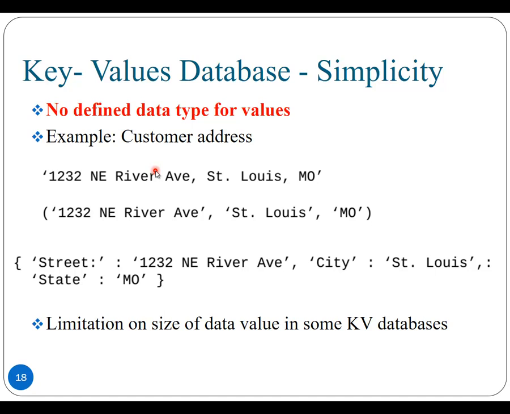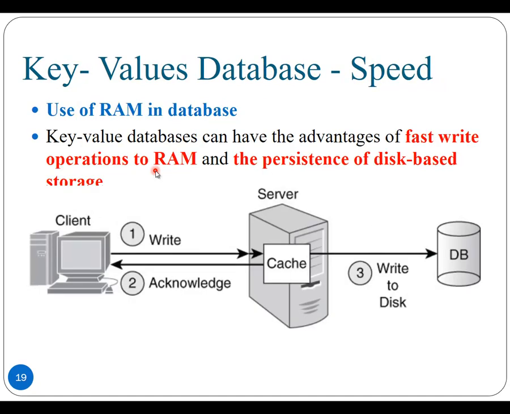For example, in some key value database, maybe the limitation for the value is 100 bytes. So we don't have any limitation on the types of data that we store in the attributes. Okay, this was about simplicity.